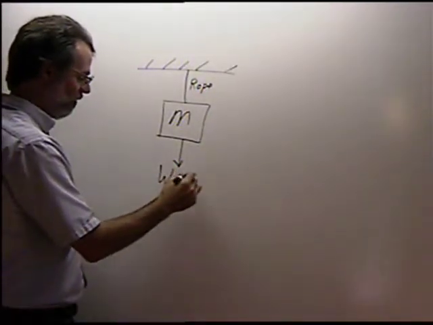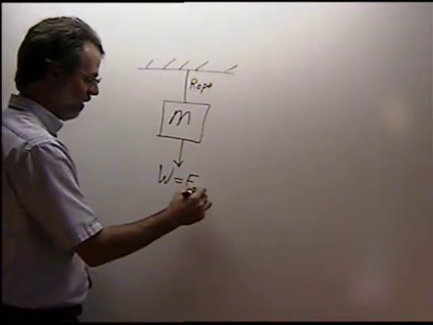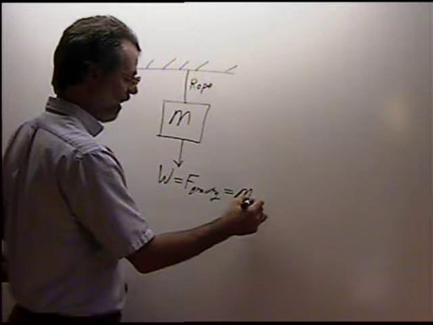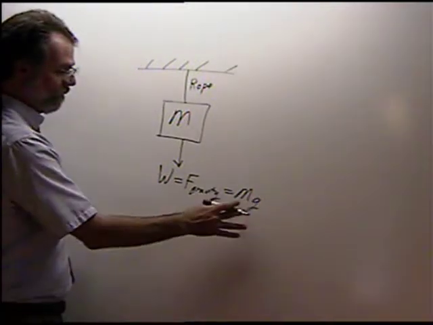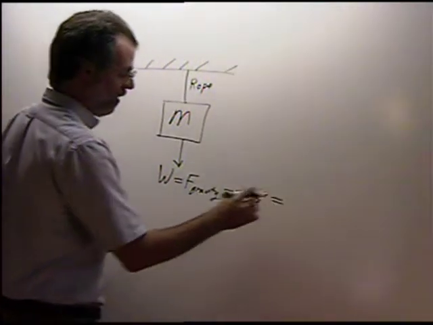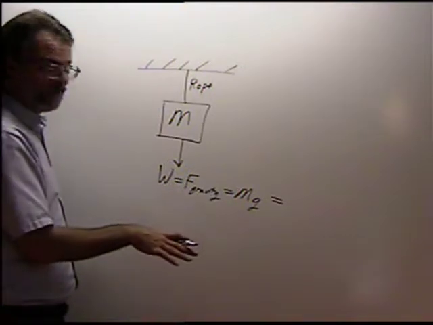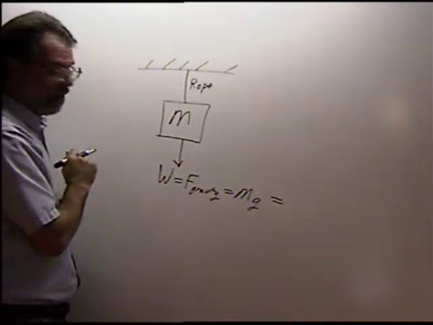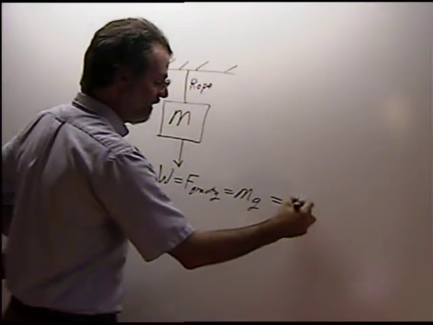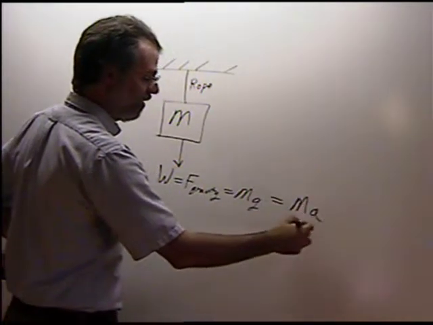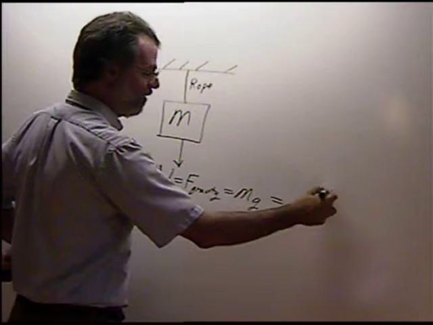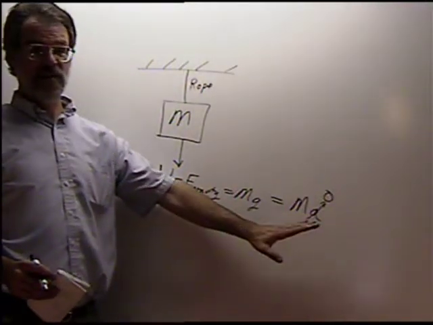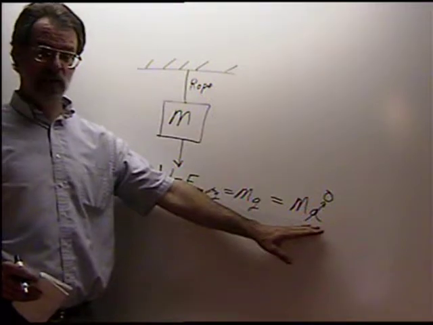That weight is the force of gravity, which is mass times gravity. Now, that's the weight acting down, but it's held up by the rope. So, is there any actual acceleration? No, the mass isn't moving. It's not accelerating any.